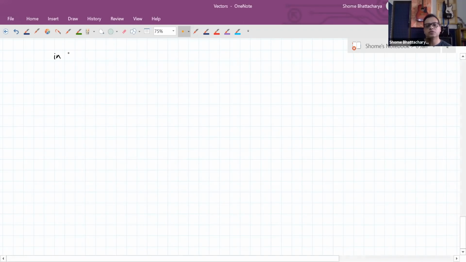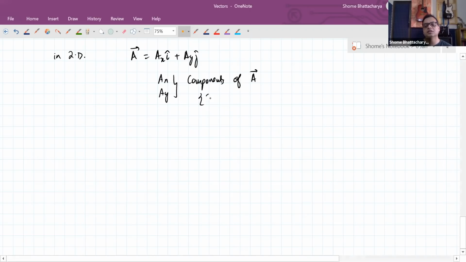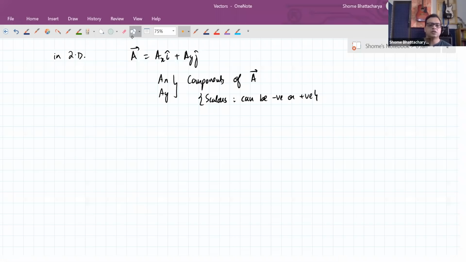So in 2D, for example, a vector will be represented by an x component times i cap plus a y component times j cap, where Ax and Ay are called the components of vector A. They are basically scalars, which can be negative or positive. So now, how does this look in context of the xy plane or the system of xy axes? Let's understand that next.